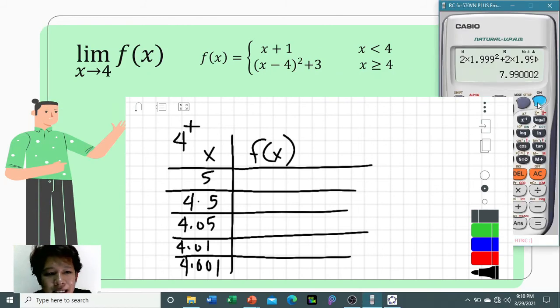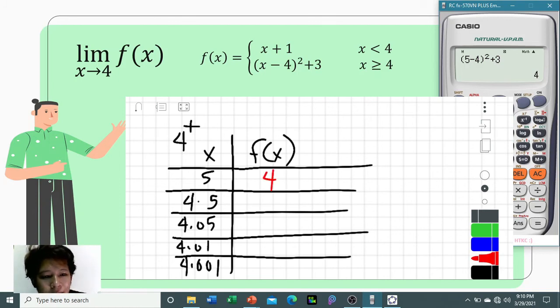So, using our calculator, that would be x, so that would be 5 minus 4 squared plus 3. So, this would be our first function value. So, that would be 4. And then, if the value of x is 4.5, then we would have 3.25. Okay? And then, if the value of x is 4.05, then the function value would be 3.0025.